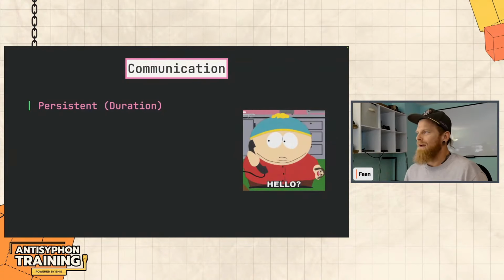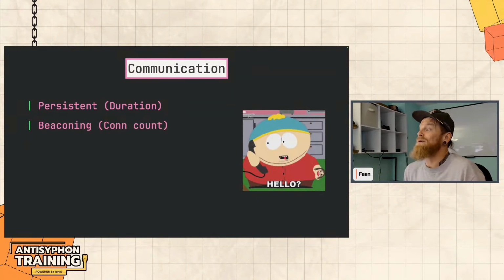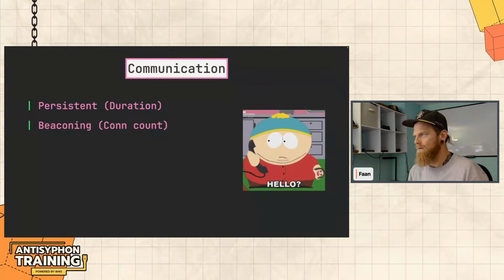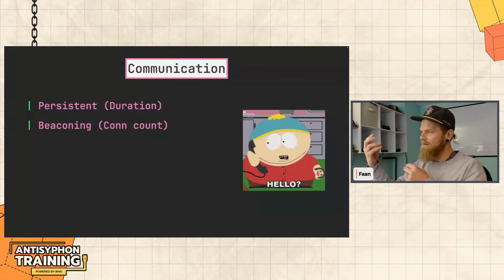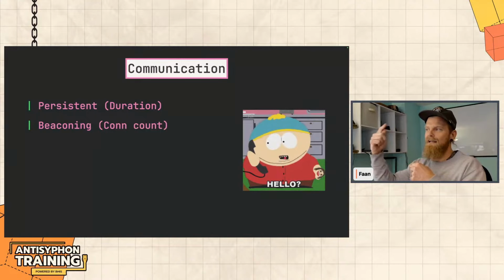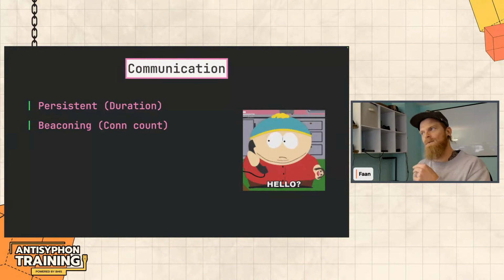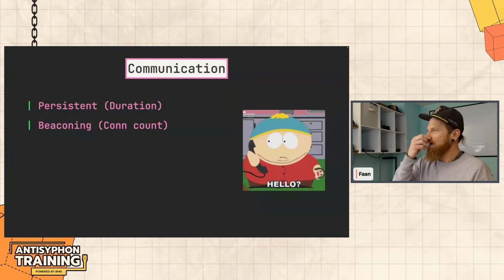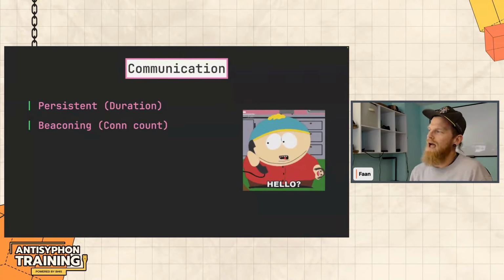Obviously, a big thing that I have to unfortunately gloss over a bit is the way your C2 communicates, right? And you immediately have a choice between is it persistent, or beaconing. And what I mean by beaconing is connect, request, response, disconnect, right? So there's a disconnect each time. With persistence, you're still going to have sleep, but you're going to connect, request, response, sleep, no disconnect, request, response, etc. And the trade-off there is really about how you make noise.